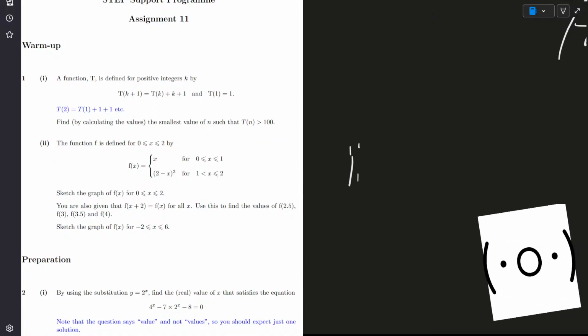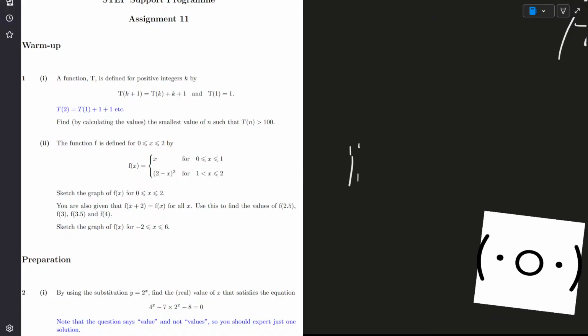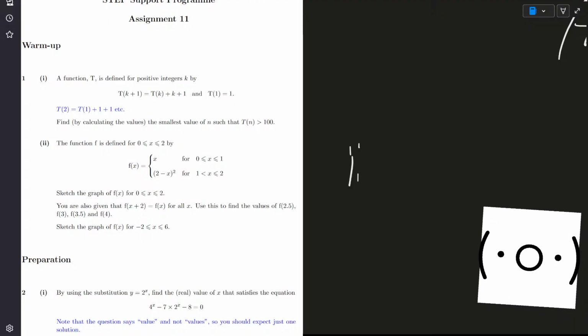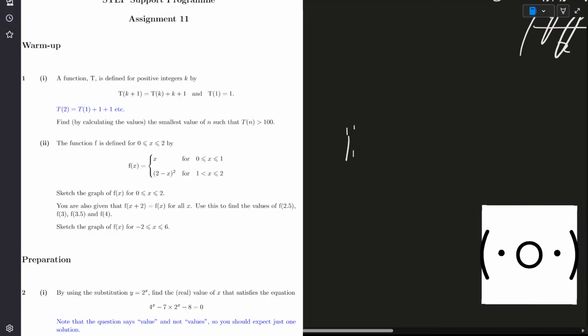F is 0 to 2, defined like that. Sketch a graph. Yes, I will.